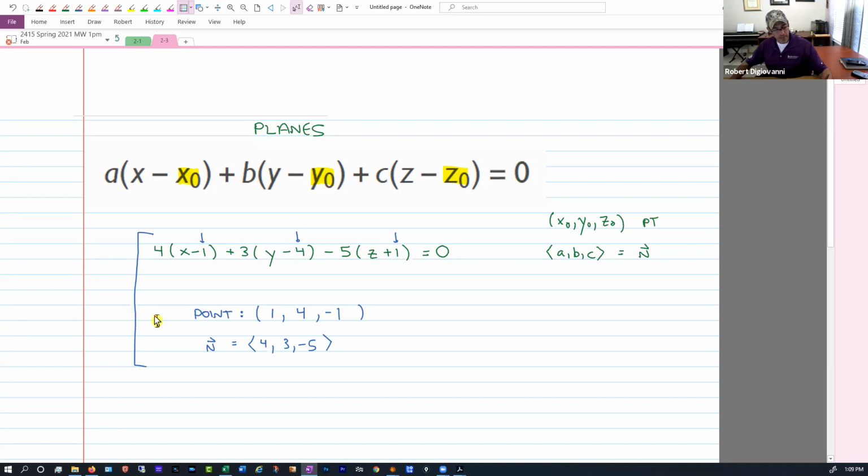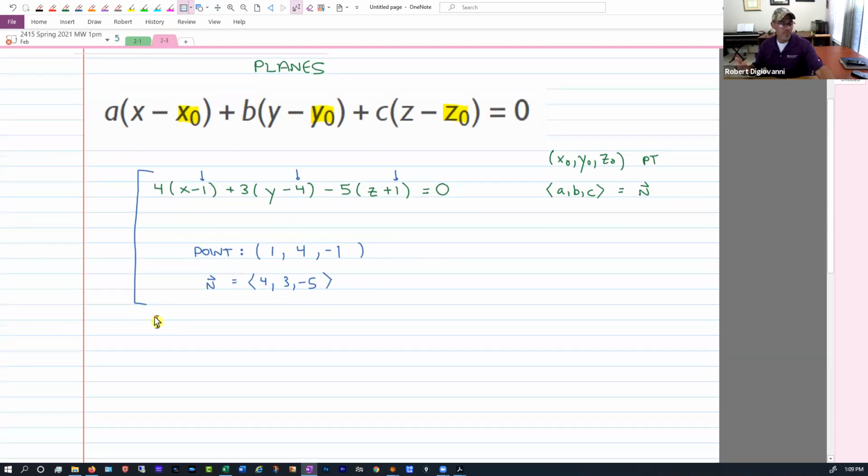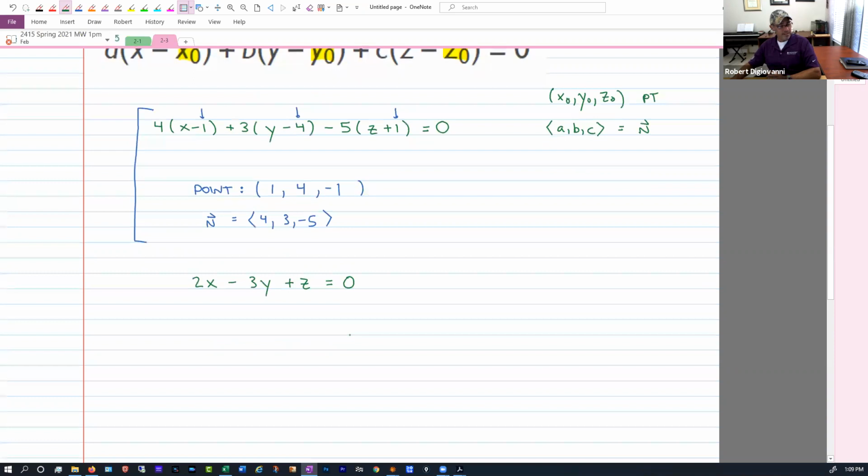Let me give you another example. Here's a plane written out the way that you've seen it written out. Something like this: 2x minus 3y plus z equals 0. Okay, so there's an equation of a plane, more like you would see in college algebra. All right, can somebody tell me a point on this plane? It's a little tricky.